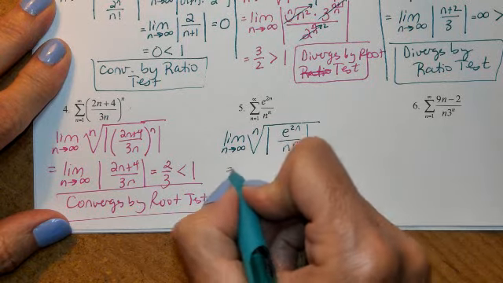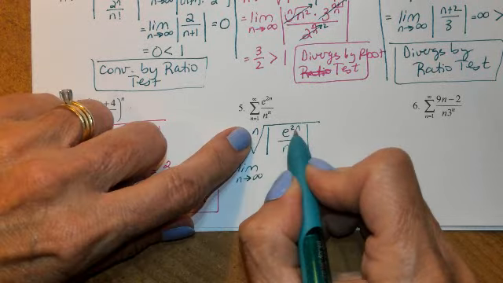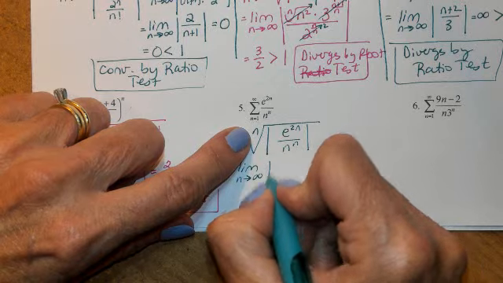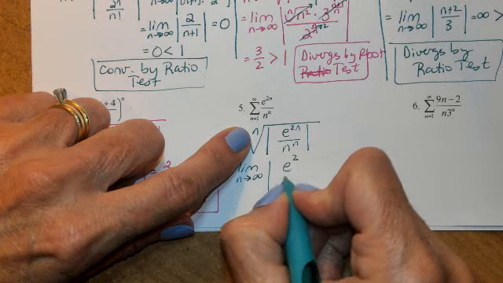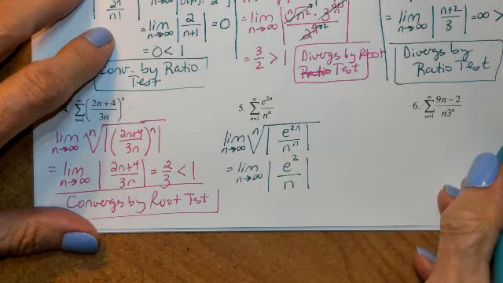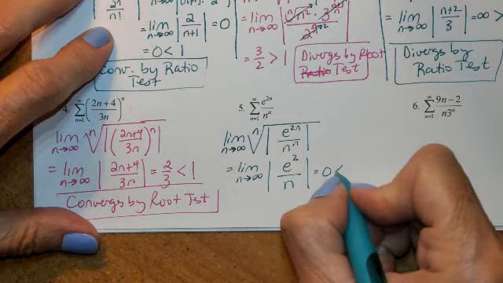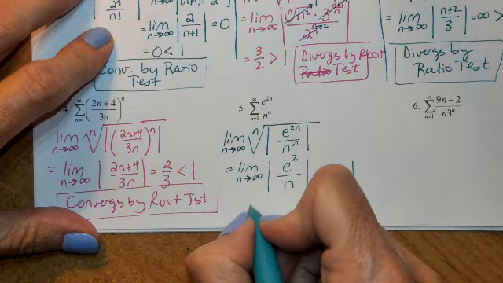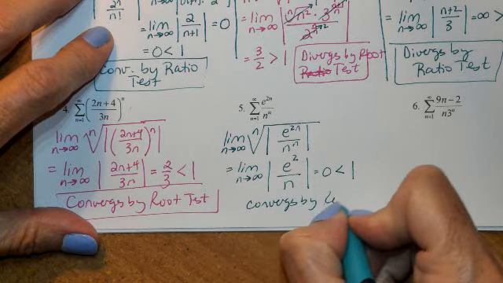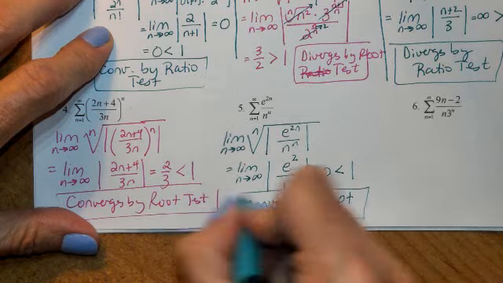Okay? Simplify and then take your limit. So this nth root, it goes to the bottom of each of these exponents, right? And we're going to have e to the 2nd divided by n. Let n go to infinity. This goes to 0, which is less than 1. So this converges by root test. Okay?